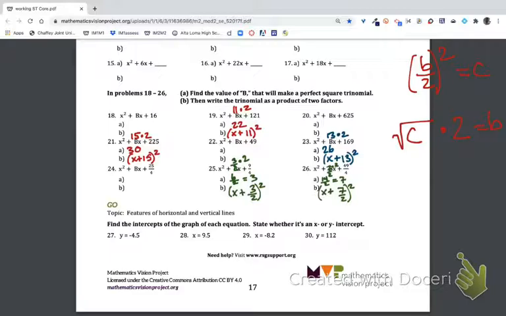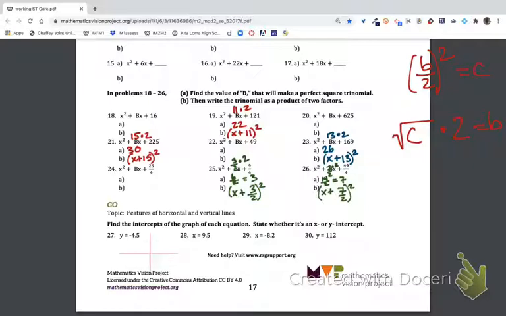For numbers 27 through 30, find the intercepts of the graph for each equation. Something that you can do is you can graph these. You can plug them into a graph and just kind of visualize what is happening there. Or if you already know, then that's great. You can go in and you can create yourself a little mini graph paper here.